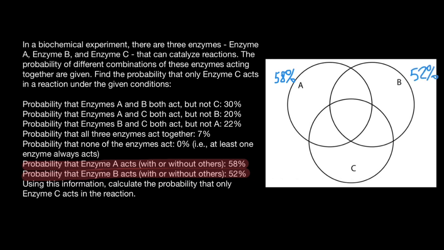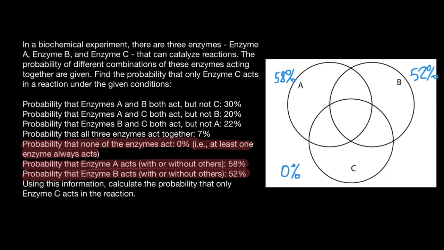Next, probability that none of the enzyme act is 0%. In other words, at least one enzyme always acts. So let's put 0% here. But the difference between the 0% here and these percentages shown here, is that this 0% belongs to this field.